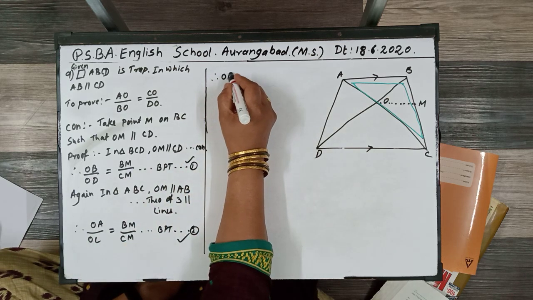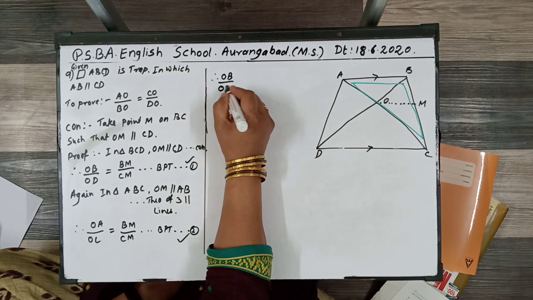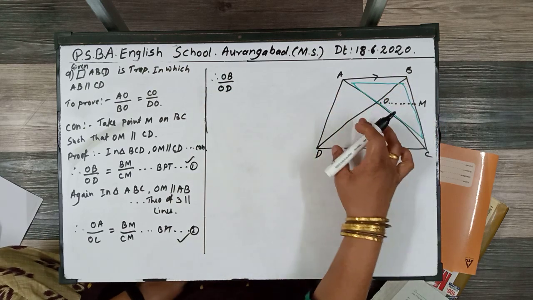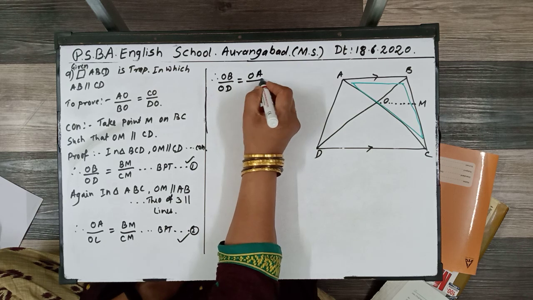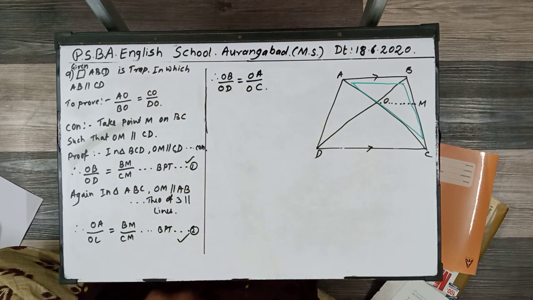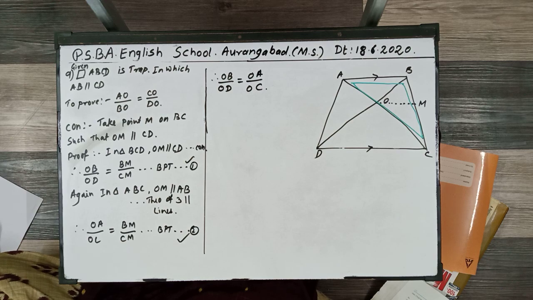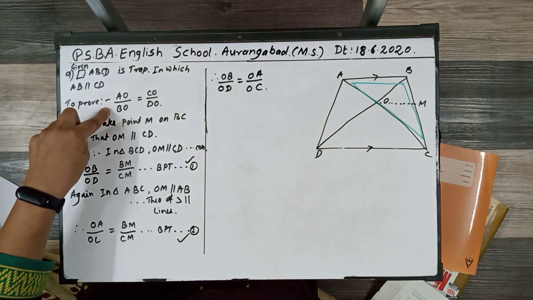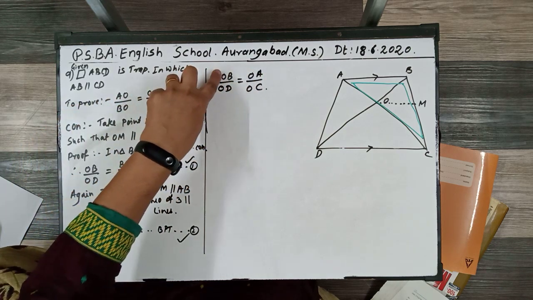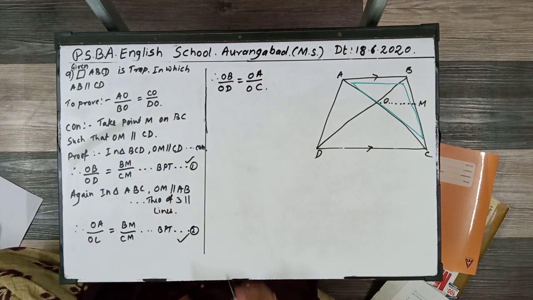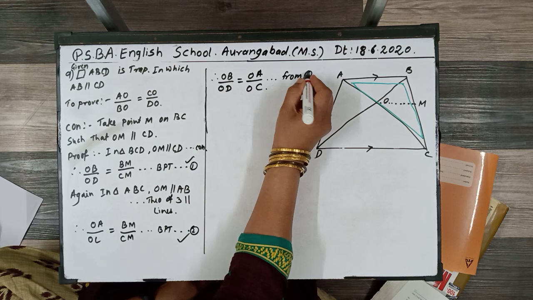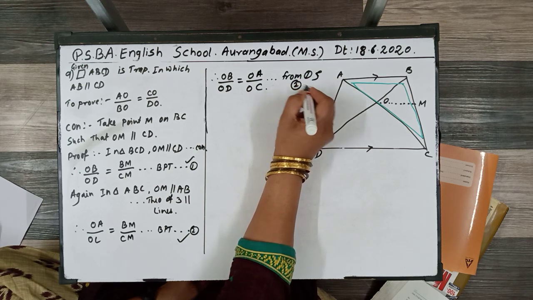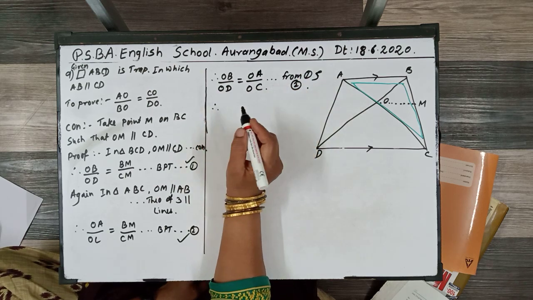Therefore, OB upon OD is equal to OA upon OC. Now, what ratio do we want? OA upon OB. So OA upon OB will be equal to OC upon OD, and the reason will be from 1 and 2.